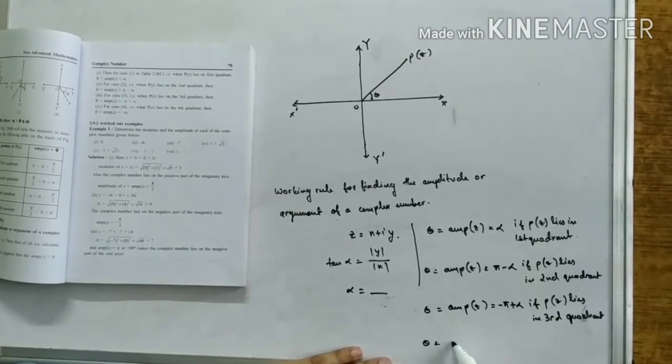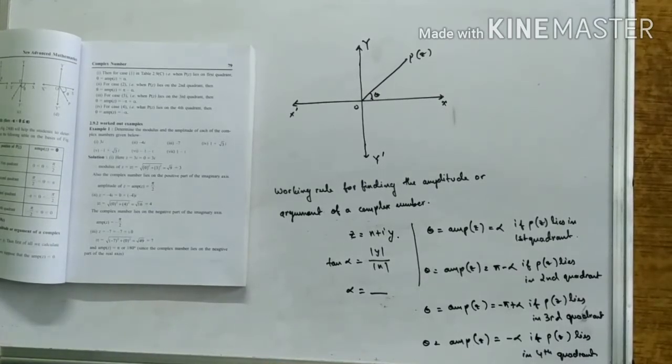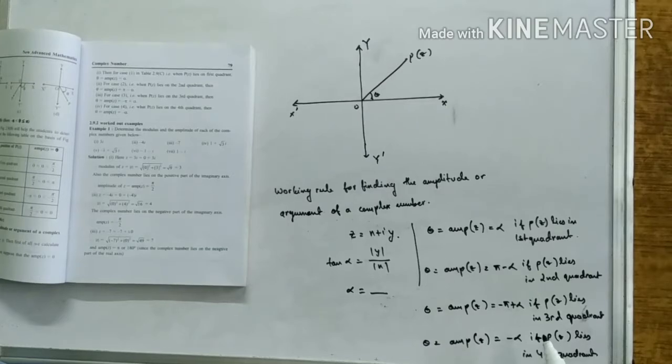And theta, the amplitude of z, will be minus alpha if P(z) lies in the fourth quadrant. Understand? So this is how we will be able to calculate the amplitude or argument of the complex number.